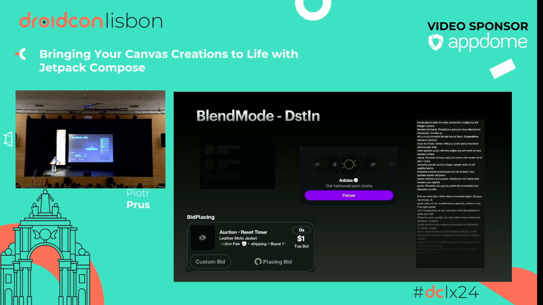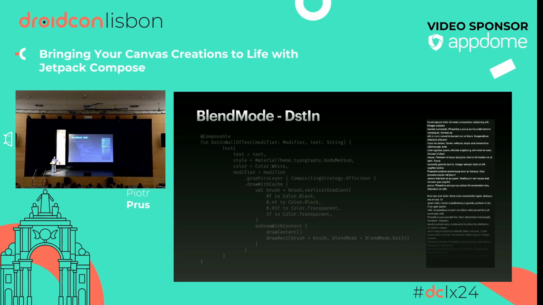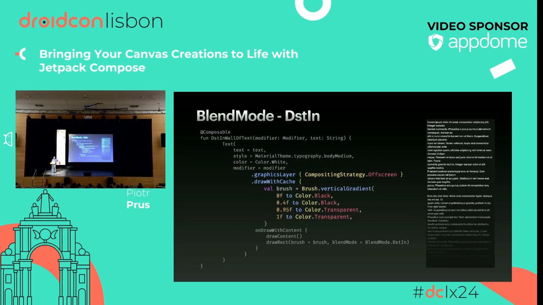But to give you a quick example how to use that, we'll use this example with the lorem ipsum thing. This is just a wall of text, lorem blah blah blah. We are using graphic layer again with the off-screen. We are using draw with cache to remember the brush. And the brush using a color and then a transparent.